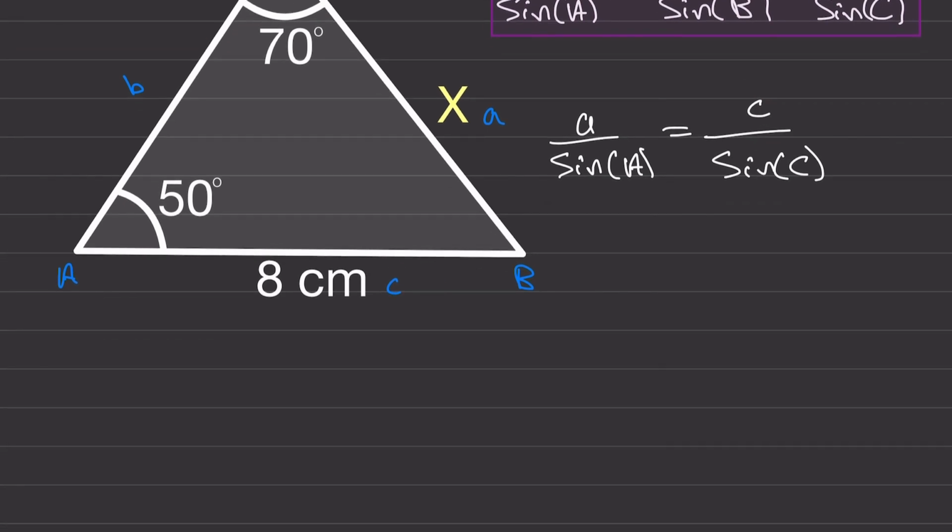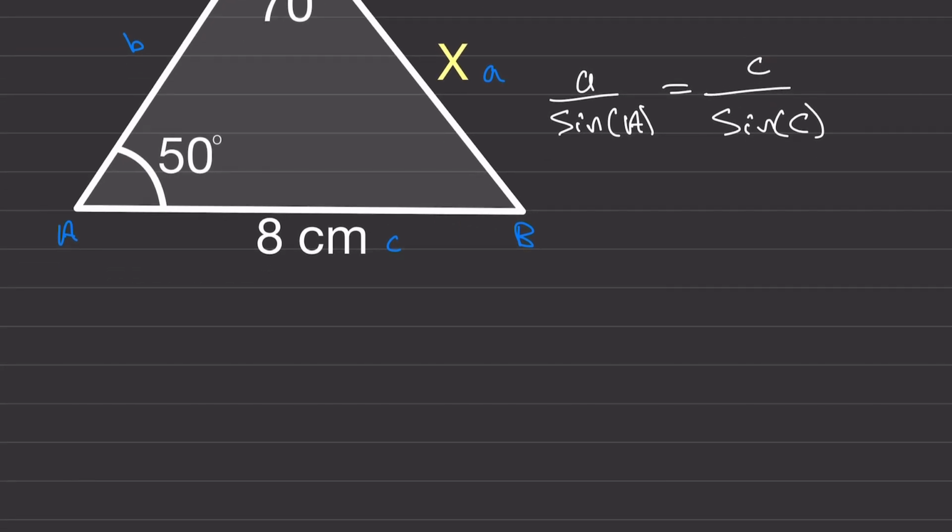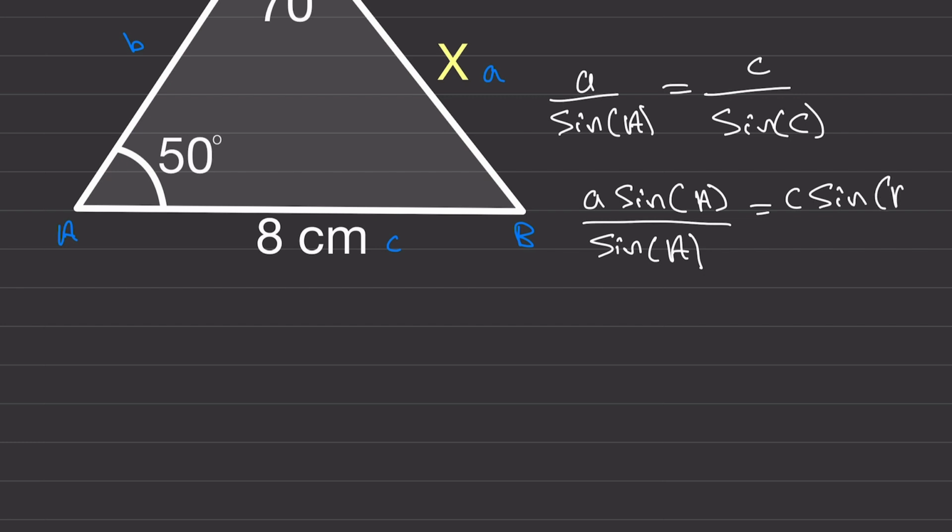When we do that, we get a sine A divided by sine A is equal to c sine A divided by sine C.